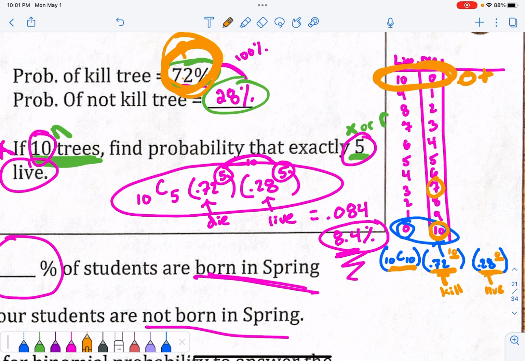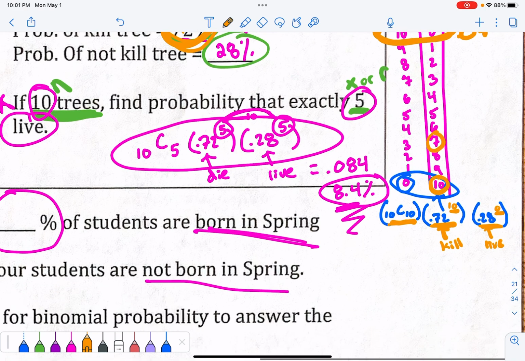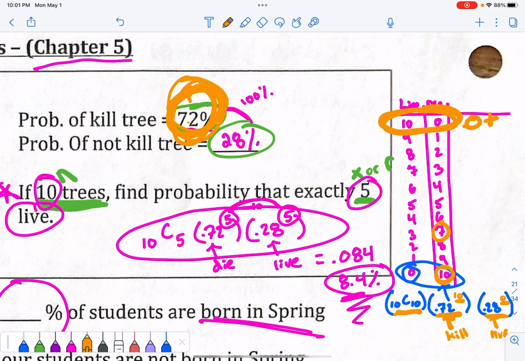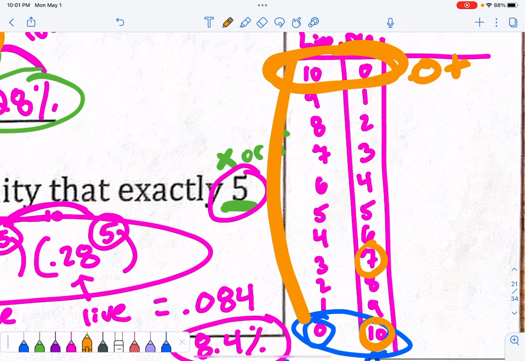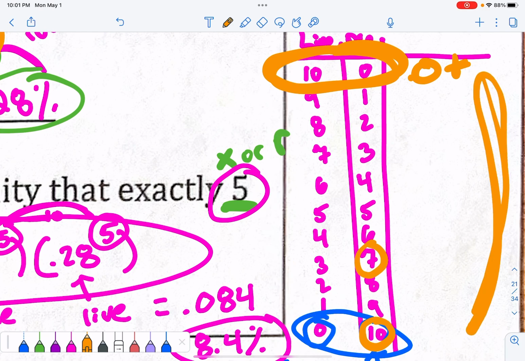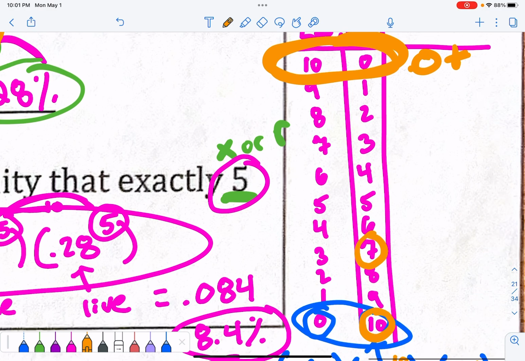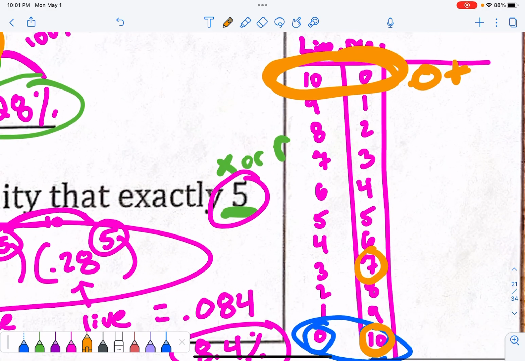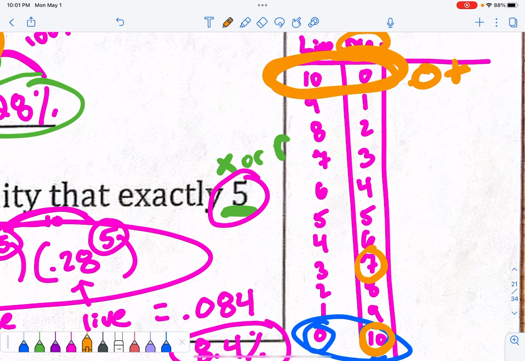Now, also, one more thing. If I have a 72% chance of killing a tree, which one of these combinations is going to have the highest percentage over here? 72% is going to be closest to, okay, die rate is 7, so it's going to be closest to this one.